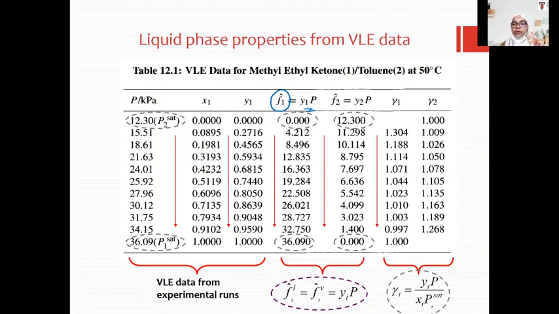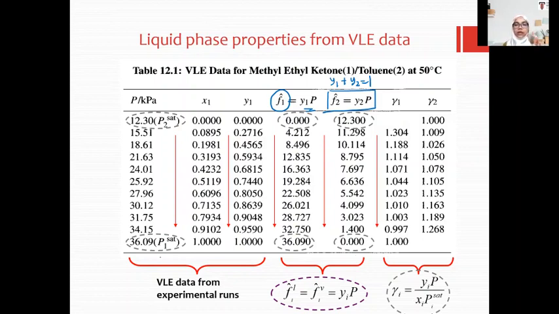After that, we can also determine the fugacity of the other species using the same equation, replacing y1 with y2, because we know that y1 plus y2 equals 1. At the same time, we can obtain the value of the activity coefficient, gamma, using the modified Raoult's law.